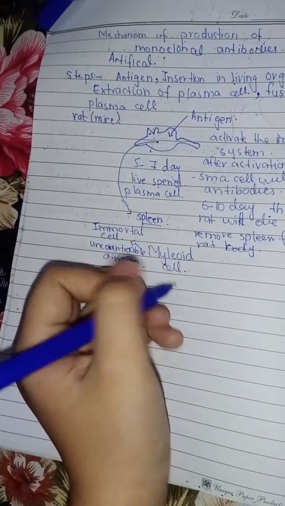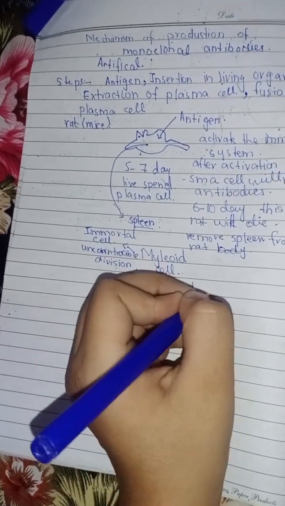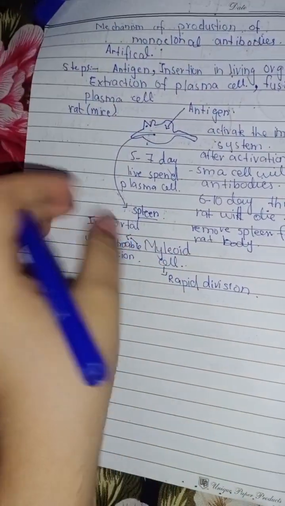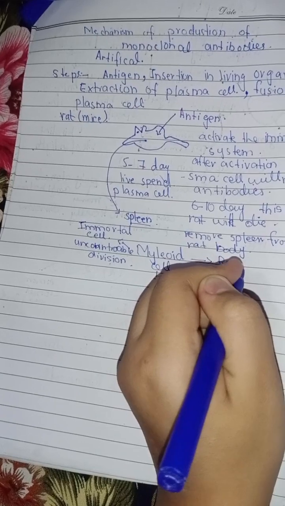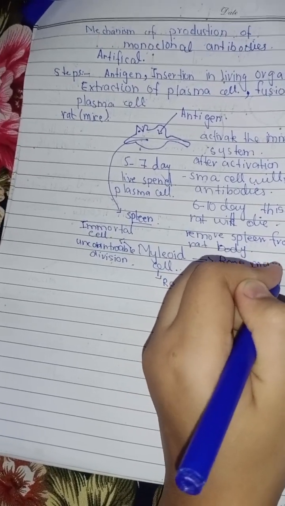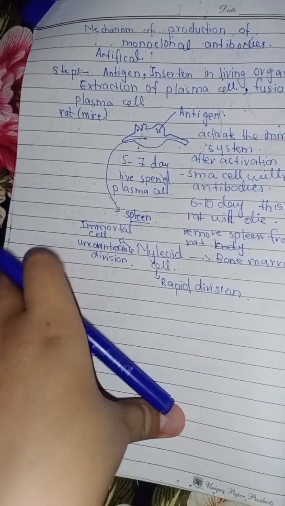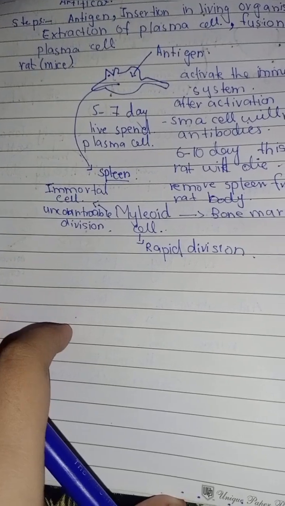This cell will divide rapidly. And we take this out from the bone marrow. From where? From the bone marrow.